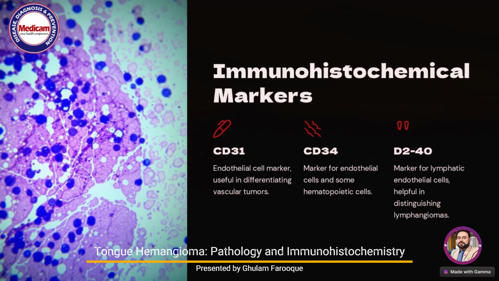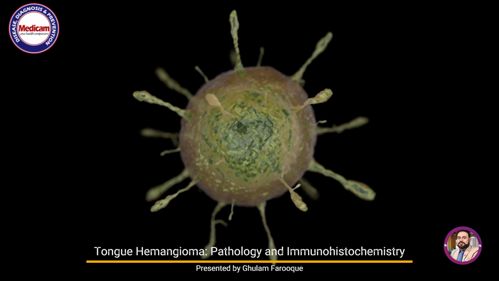Immunohistochemical markers CD31 and CD34 are endothelial cell markers used to identify vascular tumors and angiogenesis. CD31 is highly specific for blood vessel endothelial cells, aiding in diagnosing vascular neoplasms.